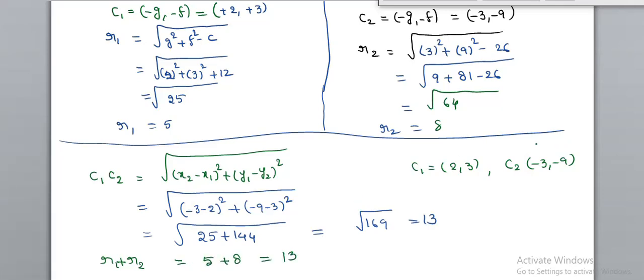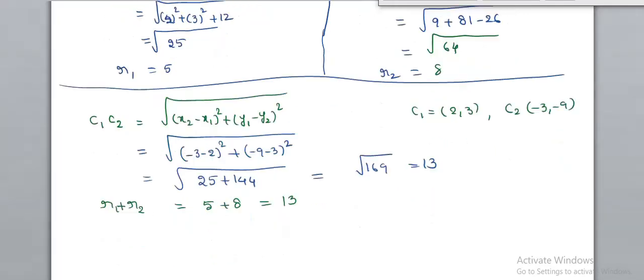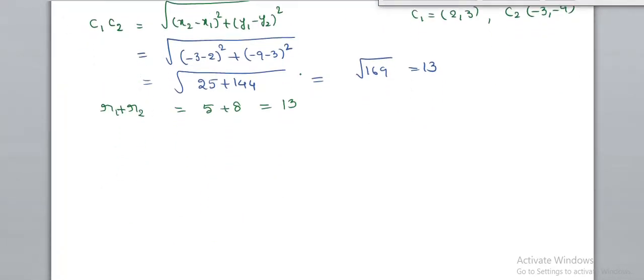Both are same. What condition? So what is the position of tangents? How many tangents are there?